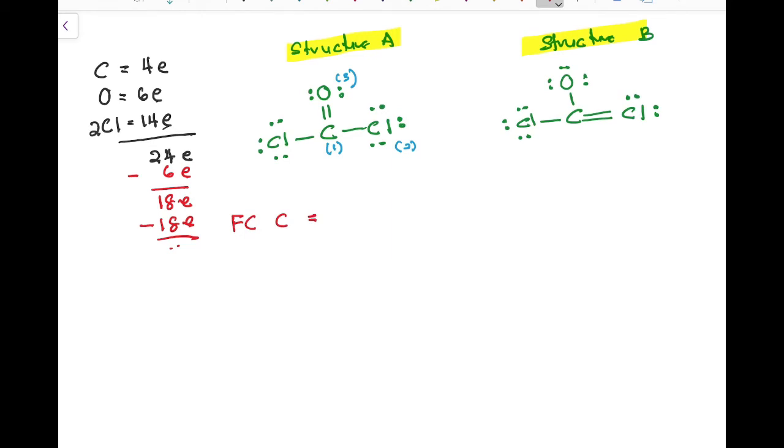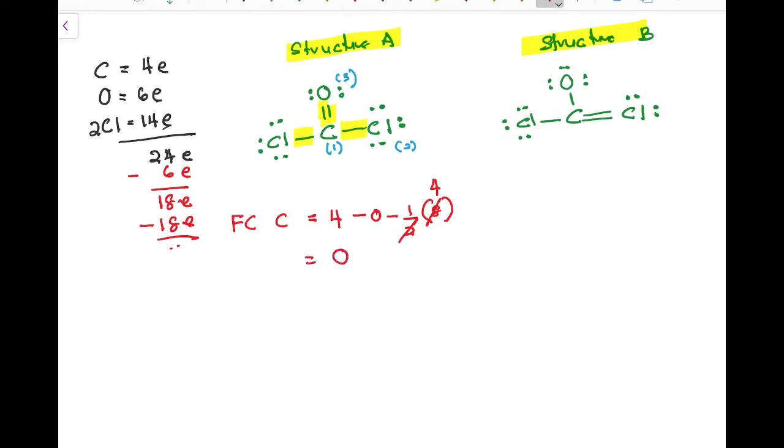The formula is the number of valence electron, which is 4 for carbon, minus, is there any lone pair around carbon? No, so we put as a 0, and half from a bonding pair. So let's look at carbon. We have 1, 2, 3, 4. 4 become 8 electron. Okay, so 4 minus 4 become 0.